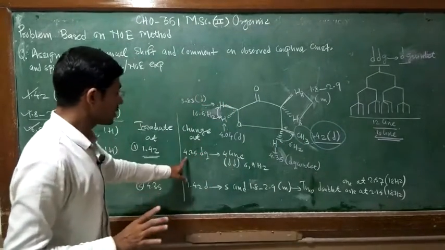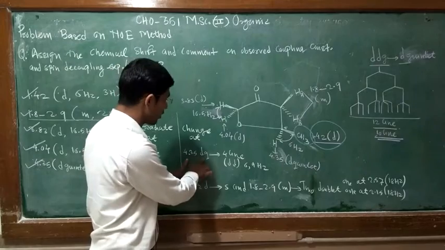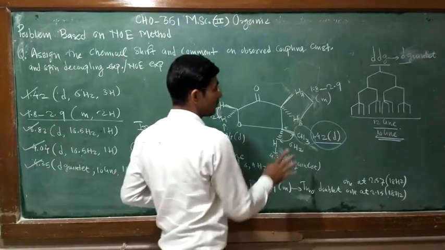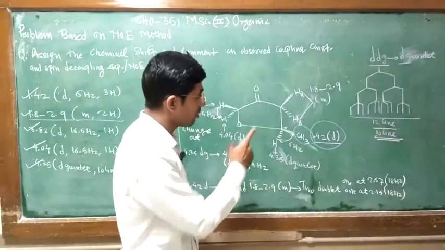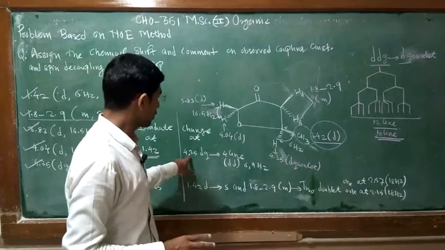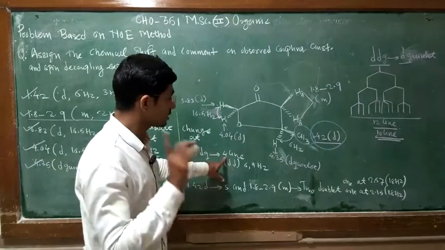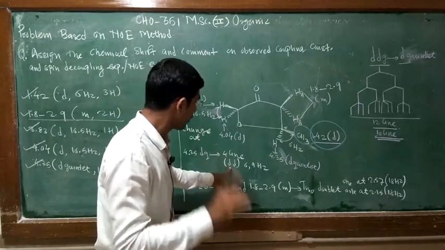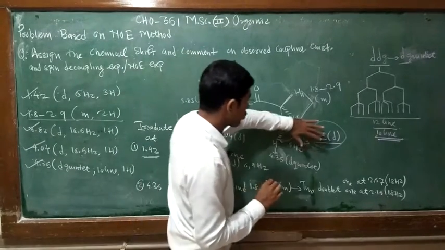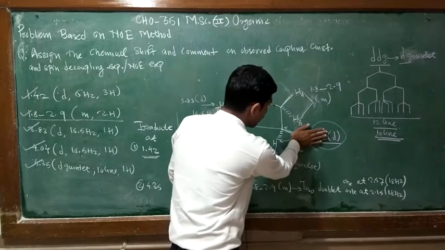Because of that, the signal at 4.35, doublet of quintet, how do we observe the doublet of quintet? I have told you the 4.35 doublet of quintet changes into 4 lines, a doublet of doublet with 6 and 9 hertz, because of irradiation at 1.42.